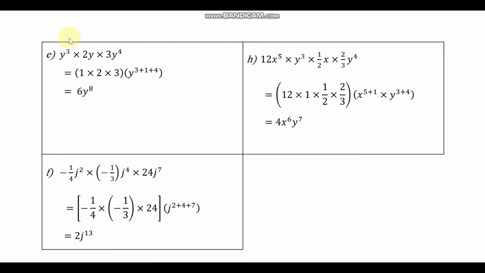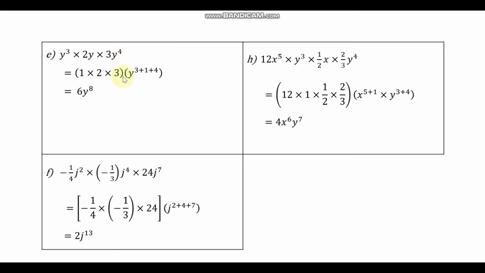Next question only has one base as well. First step, we have to separate the number and the unknown, the terms of y. The 1 here is from here because it doesn't have any number in front, so we have to replace it with 1. 1 times 2 times 3.